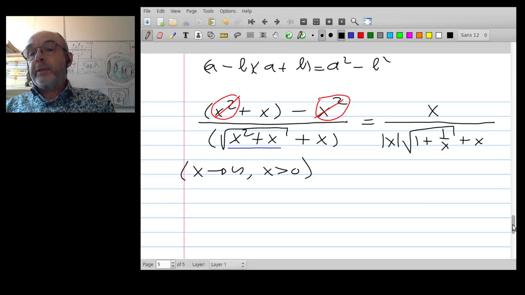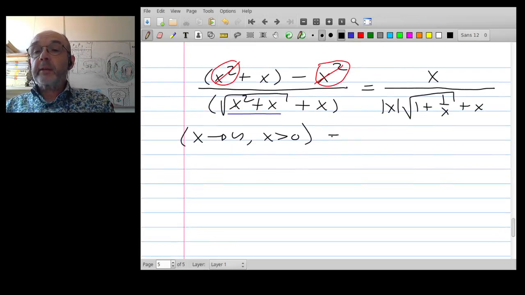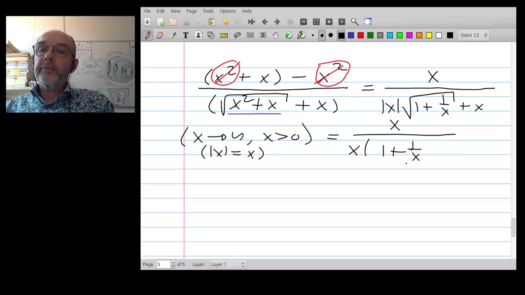And we have here x divided by, now the absolute value of x is equal to x, and so we have x divided by x, and then an expression, the square root of 1 plus 1 divided by x, plus 1.